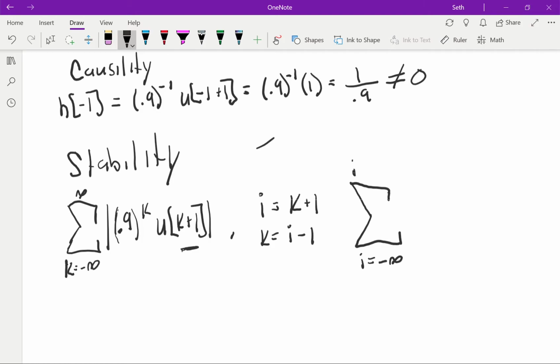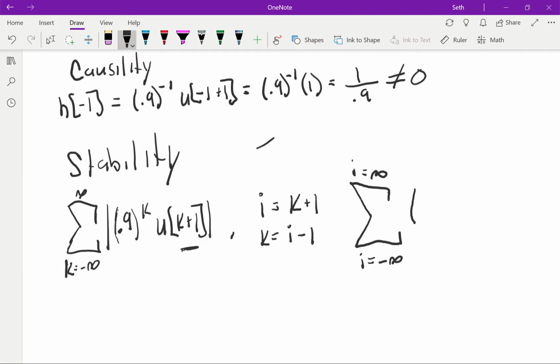Our upper bound i is going to be infinity plus 1, and infinity plus 1 is still infinity, so that doesn't change anything. And we can also note that our function is always positive and it's not complex either, so our magnitude is just going to go away.